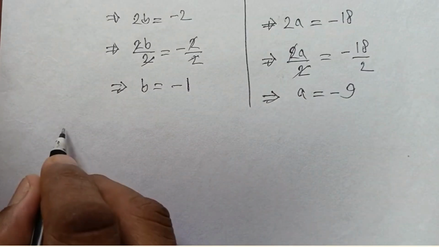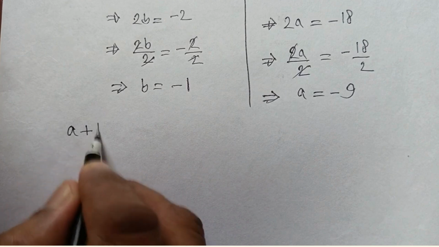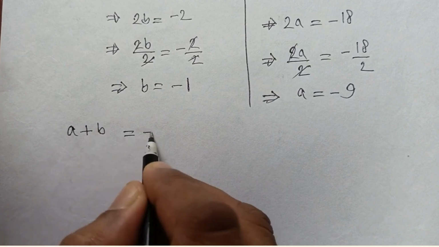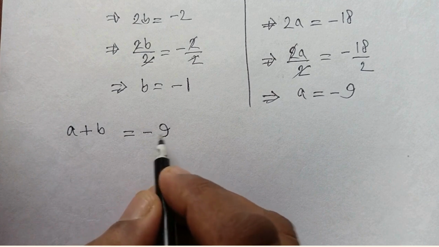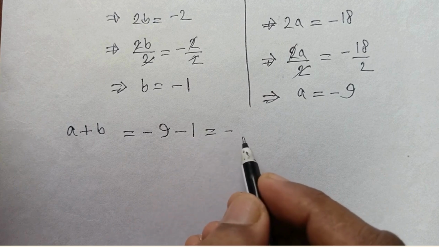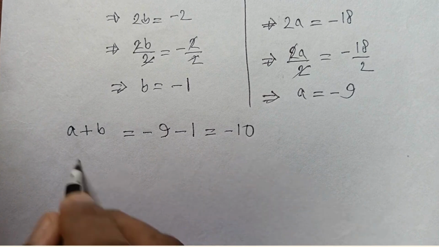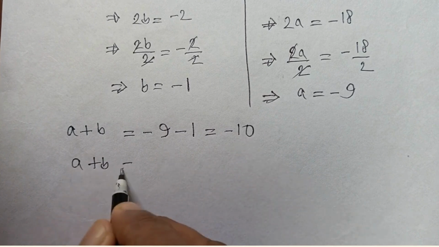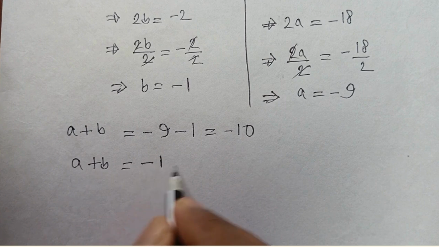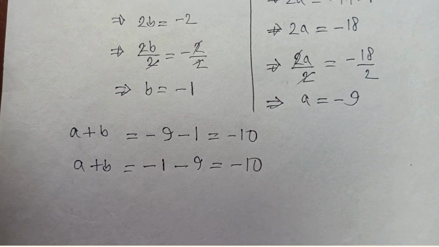So here if we find the value of a + b in the first case, a + b = -1 - 9 = -10.